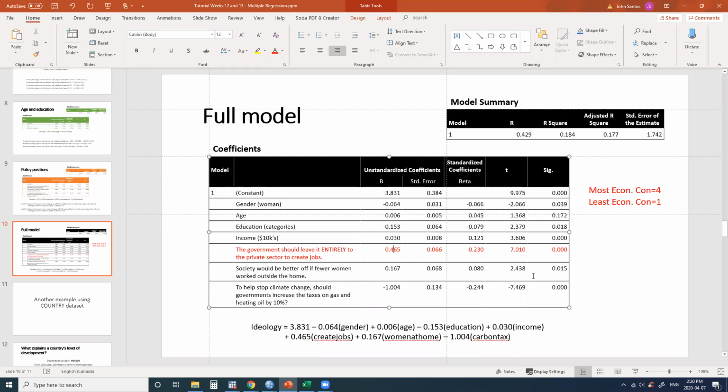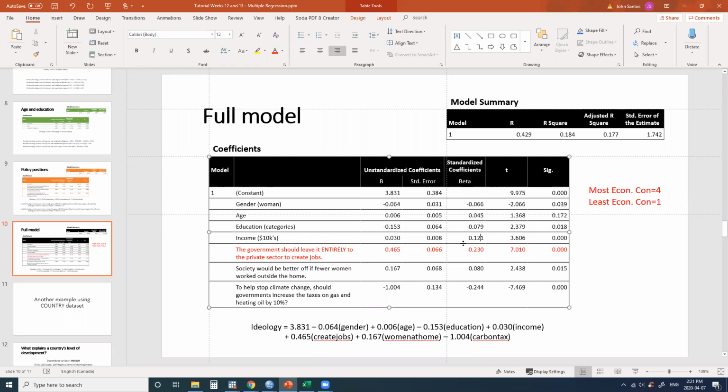But not everything is measured on the same scale. So these two questions are measured on the strongly agree, somewhat disagree, strongly disagree scale. But income is measured in 10,000s. Education is simply 1 to 4, where 1 is no post-secondary and 4 is a graduate or professional degree, right?